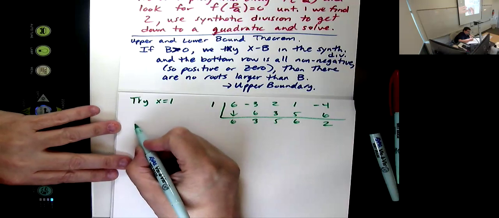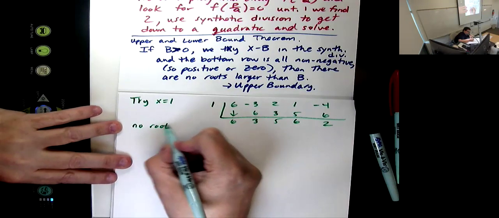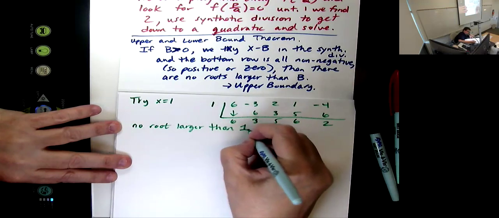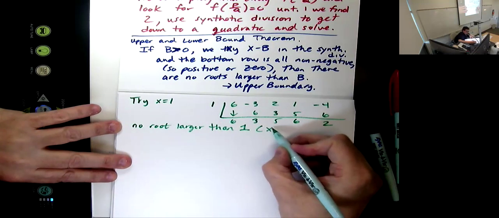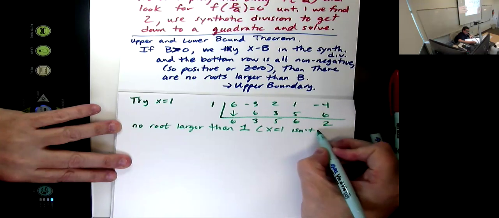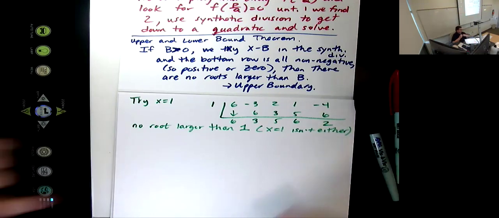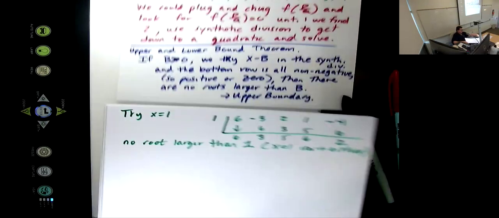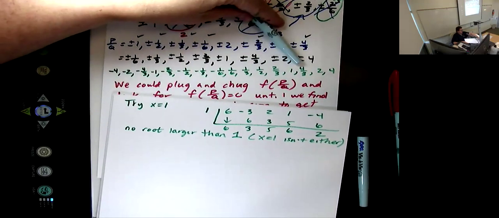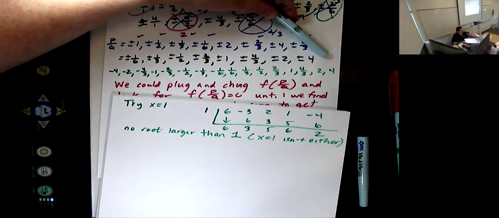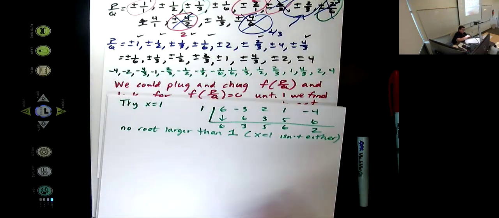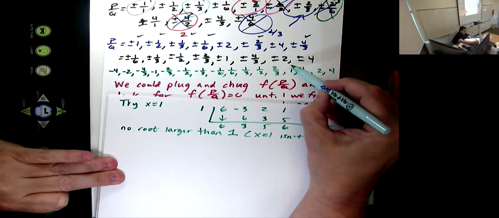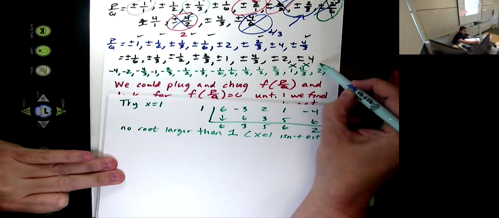So there is no root larger than 1. And x equals 1 isn't either, because we don't have a remainder of 0. So that doesn't cross off a whole lot, but it does cross off the 4/3, the 2, and the 4, right? So what this theorem says is that the 1 doesn't work, the 4/3 is out, the 2 is out, the 4 is out.